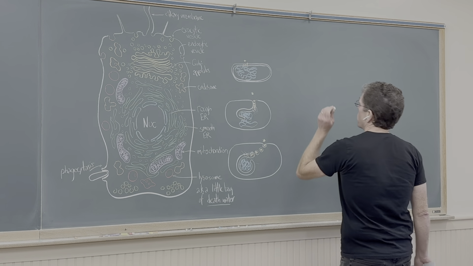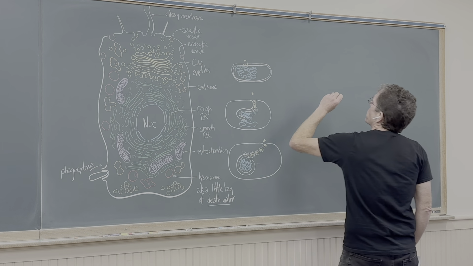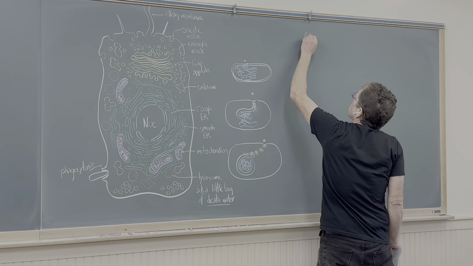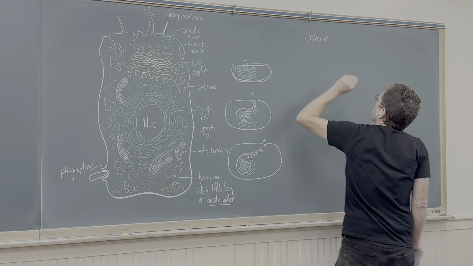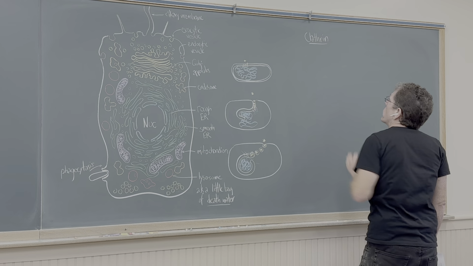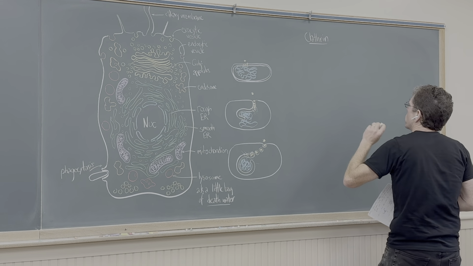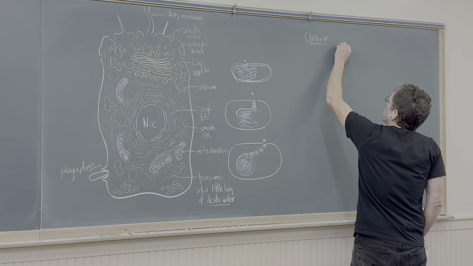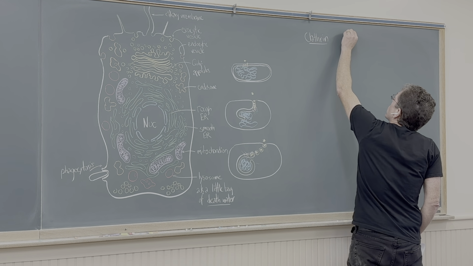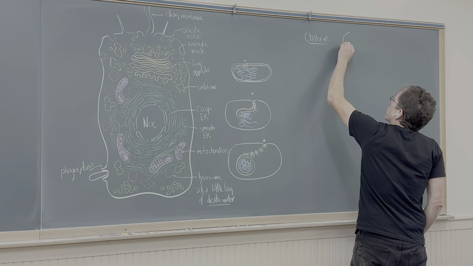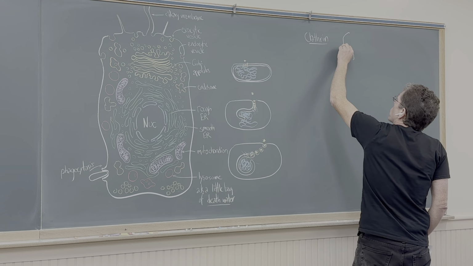The first part of that is to be able to make membrane vesicles out of some membrane sheet. I'm going to discuss one of the coat proteins that helps do that. Clathrin, there are several others, but clathrin is one of the best understood. Clathrin is a trimeric protein that forms a sort of triskelion, this three-armed sort of figure.